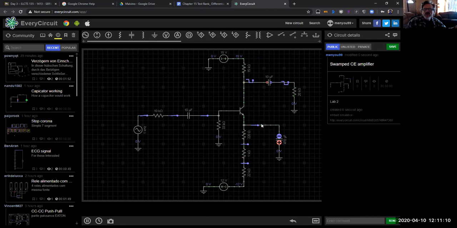Let's take a look at something here. Let's get rid of that line and put it here. Again, the way the current's flowing, on the one alternation, we spit back.